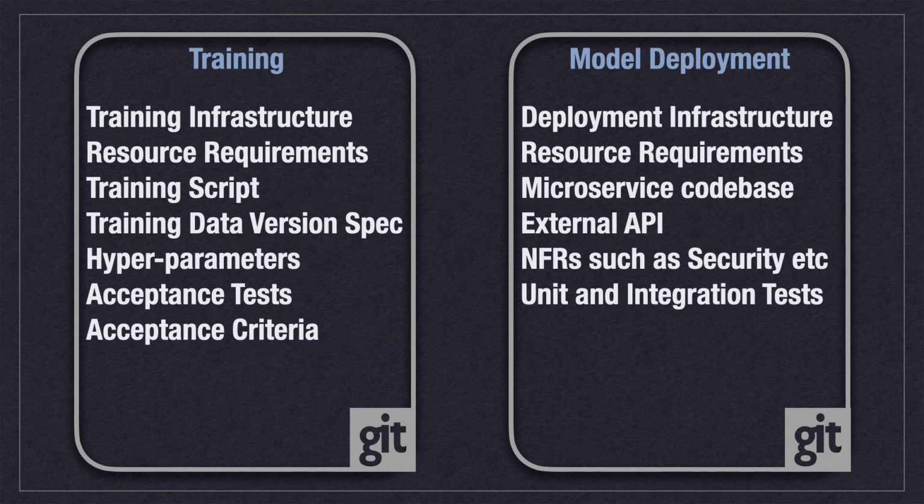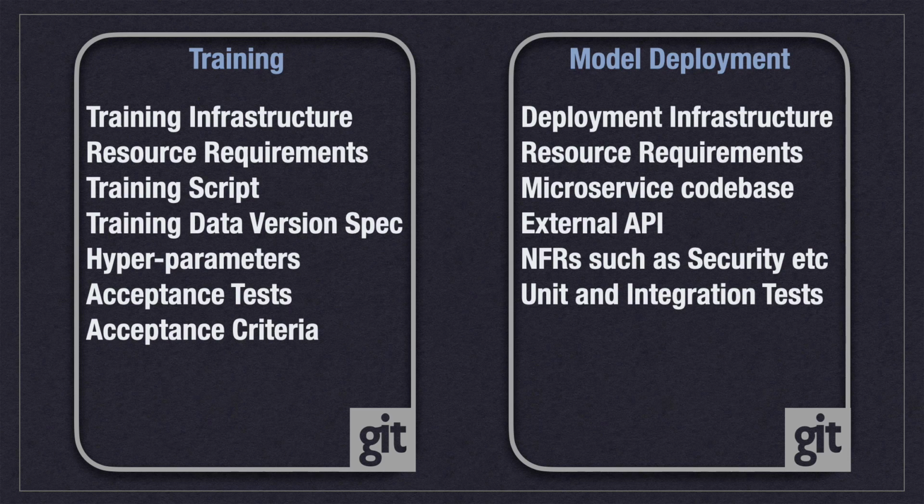Then in the second repository, what is created is the deployment associated assets that you will need for your trained model. And that includes the description of the infrastructure that the model needs to run on, its resource requirements, the code base for the microservice that will wrap your model and provide an external API that can be used by other parts of the application to utilize that model.